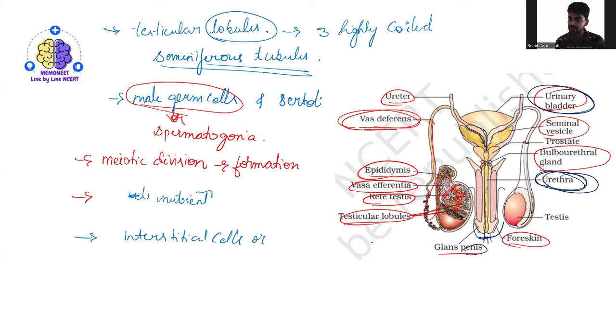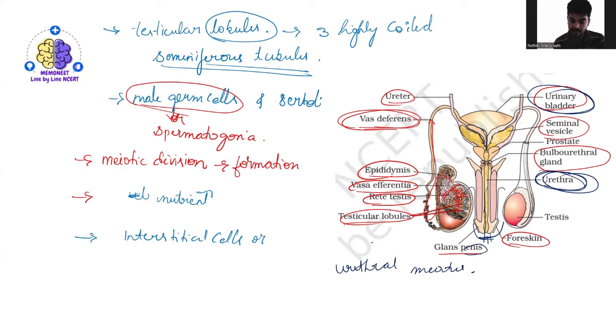So this is the outer penis region, till there it gets extended. And the opening from which the sperms normally get ejected is actually called the urethral meatus.